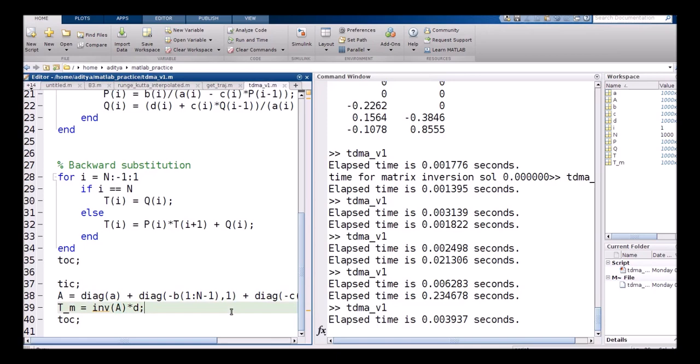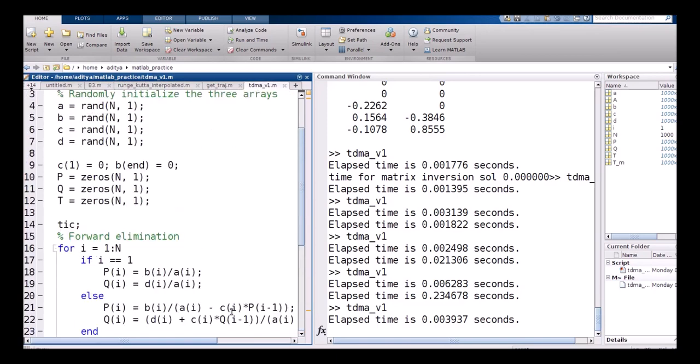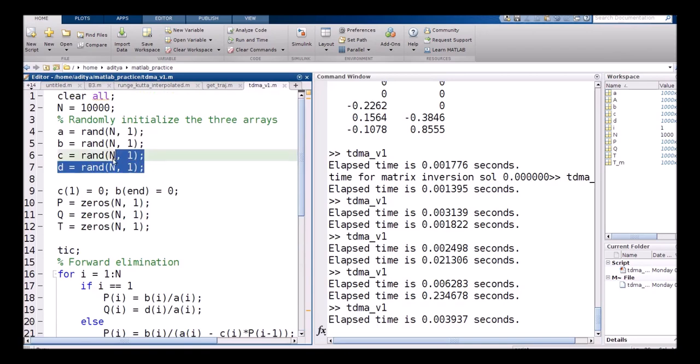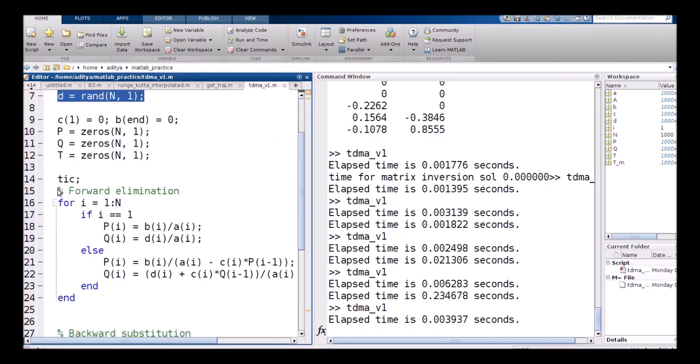So in this example, we have seen how to initialize vectors, set them to zeros, set random vectors, and I hope you will refer to the help file in case you have a doubt regarding this. We saw how we could do the forward elimination.